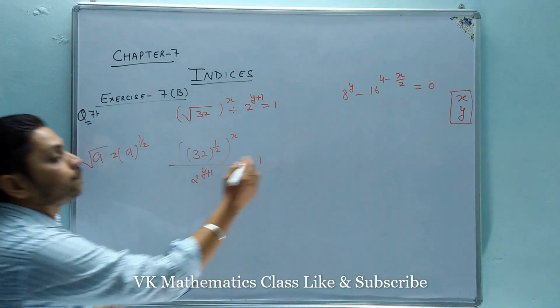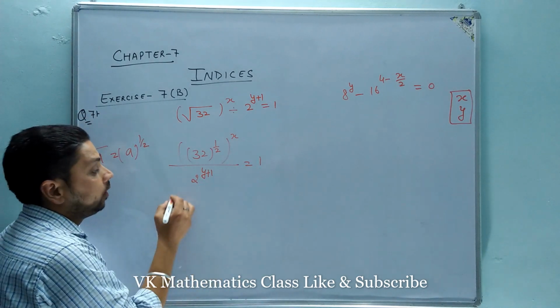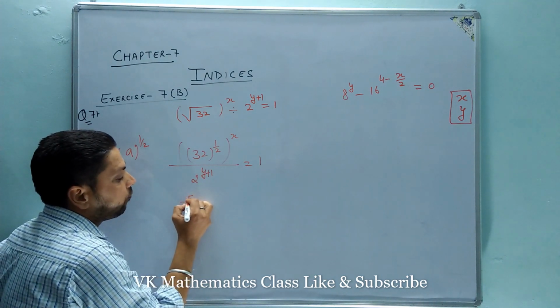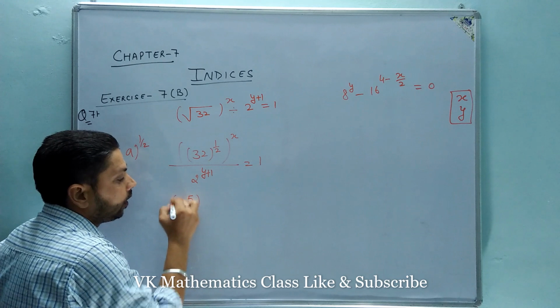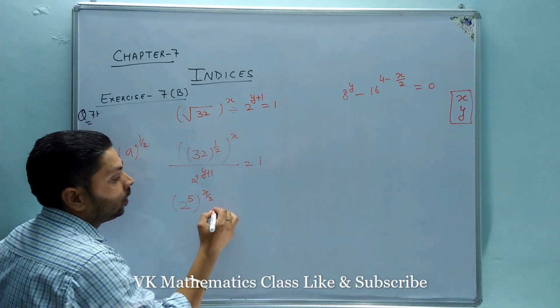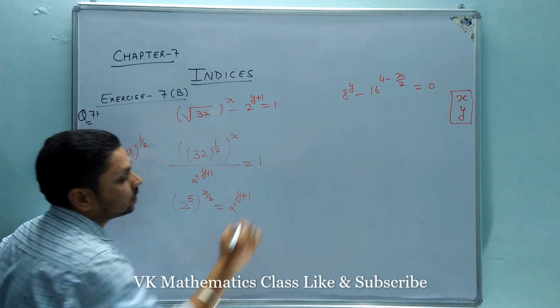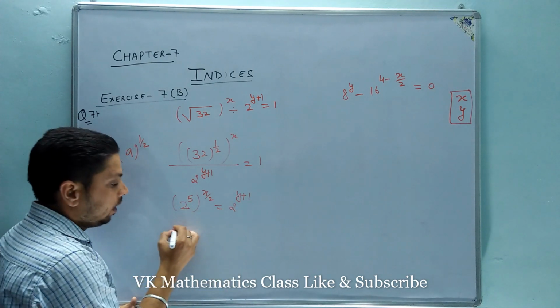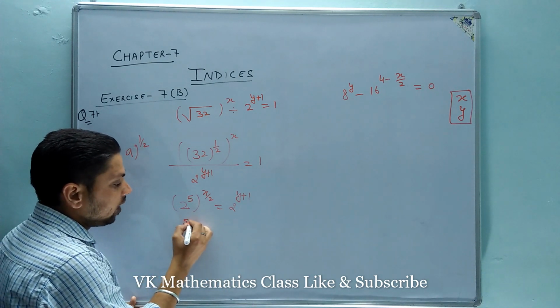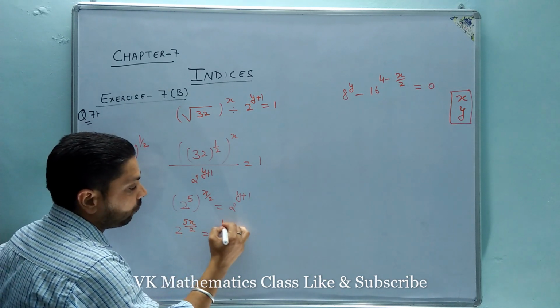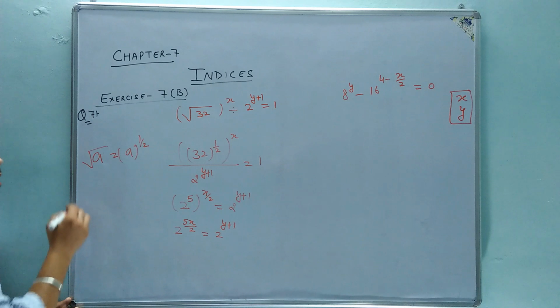Now split 32 into the least base term, that is 2 raised to power 5x over 2. Cross multiply: 2 raised to power 5x over 2 is equal to 2 raised to power y plus 1.